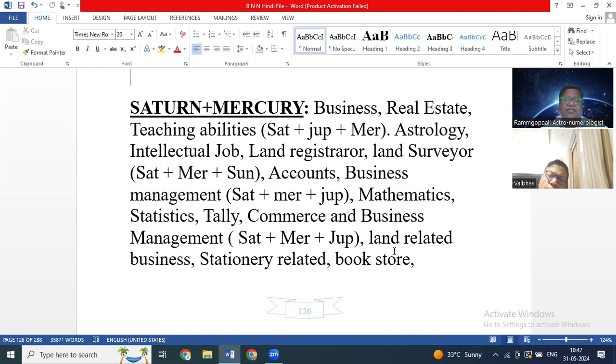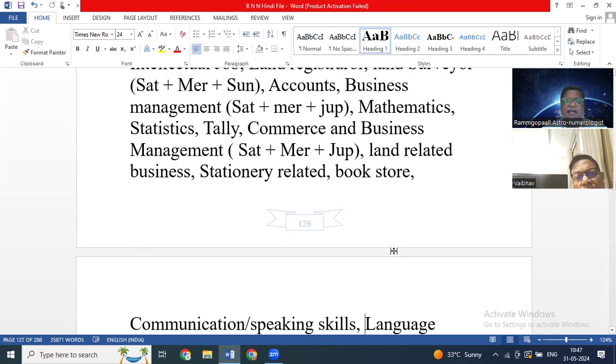And Mercury is the accounts department, business management. When it comes to teaching, Mercury with Jupiter means mathematics, statistics, tally, commerce, and business management. Land related business and stationery, books, pencils: stationery is Mercury because we write with our hands, fingers and shoulders.